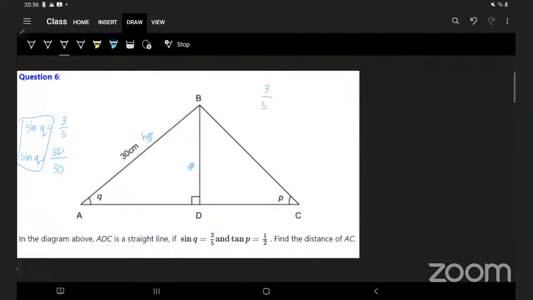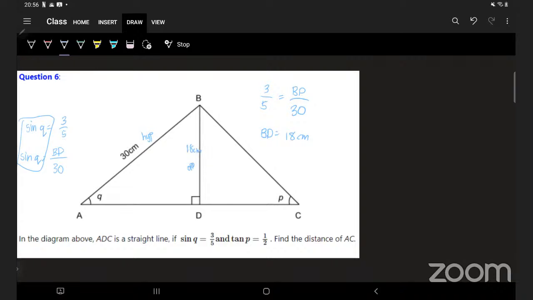So you get 3 over 5 is equal to BD over 30. And just using simultaneous equation, multiplying by 30 on both sides, we can get BD is equal to 18. So let's just label that real quick, 18 cm.